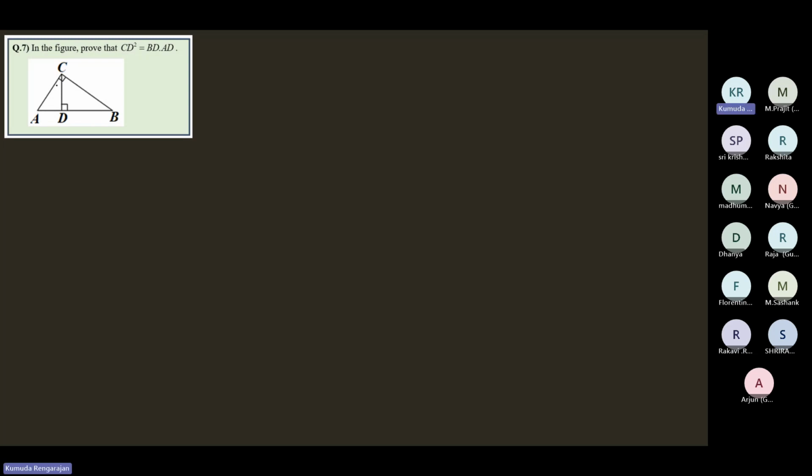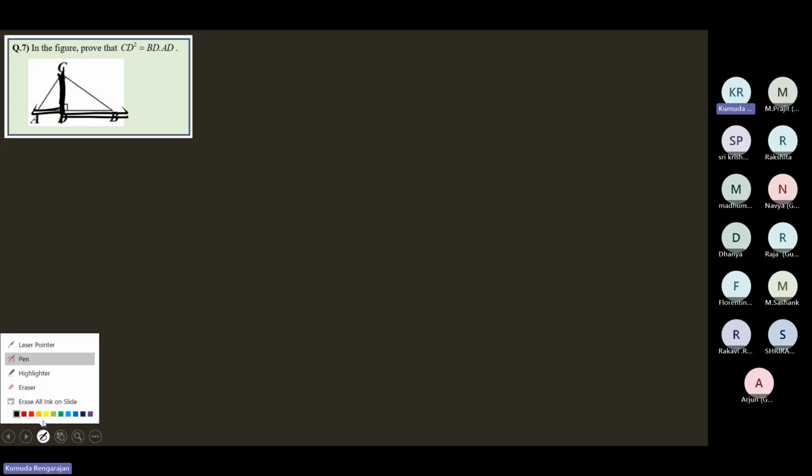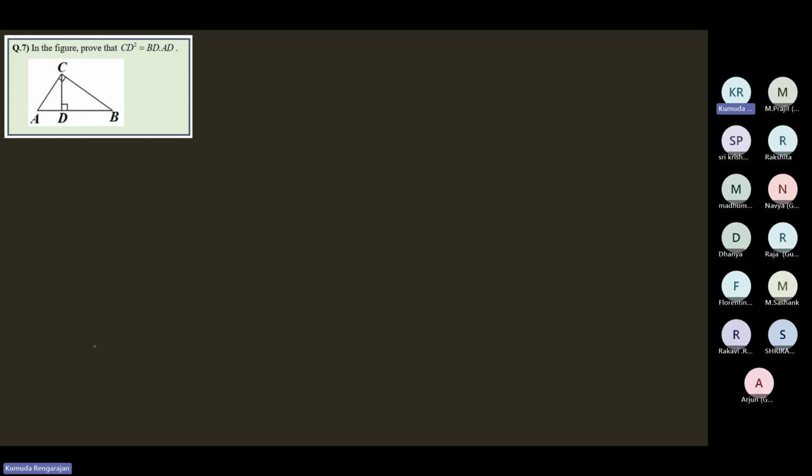So then it is triangle CDA, which has CD, and CDB, which has CD. In triangle CDA and CDB, you should prove that these 2 triangles are similar. Only then you will get a proportion with the help of which you can get this result, CD square.